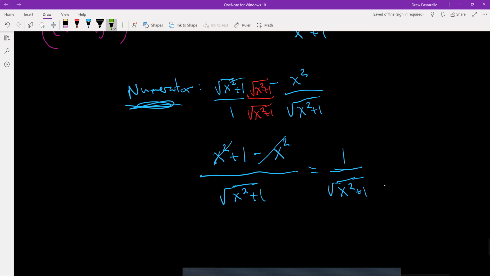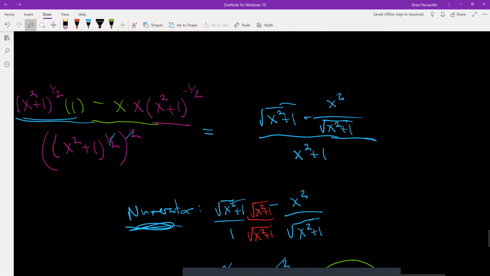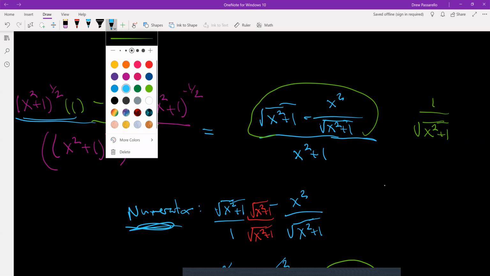So all of this is what all of this is. I have 1 over the square root of x squared plus 1 up top, and then divided by x squared plus 1.